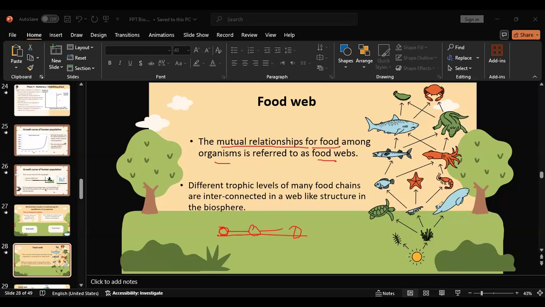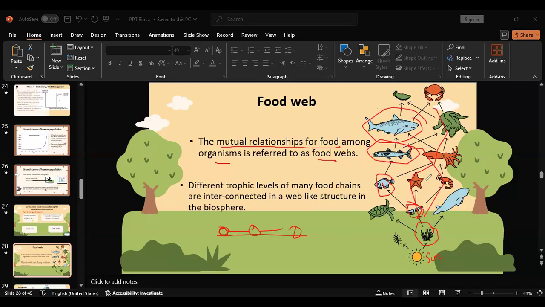There is a net-like structure. Initially it starts from the sun, then this plant gets sunlight from the sun and does photosynthesis. This is consumed by this, this is consumed by this fish, this is consumed by a bigger one. Like this you can see a very complicated food web.